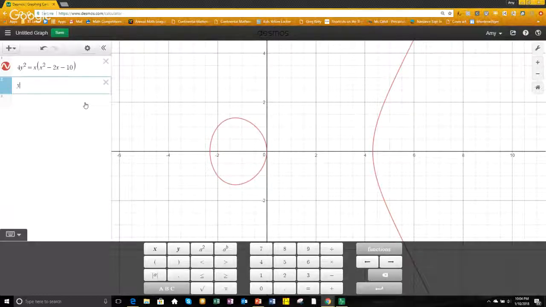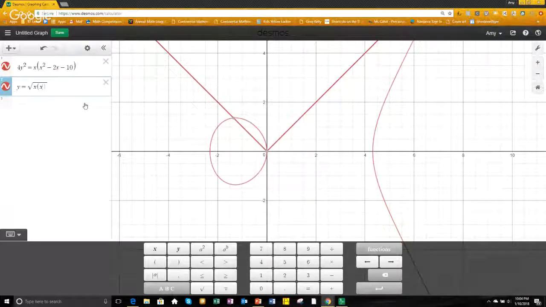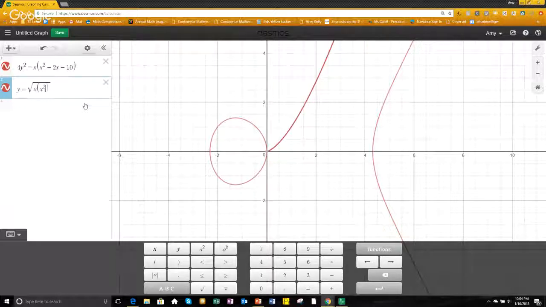So let's write down what our two functions are. That would be square root of x times, underneath, x to the second minus 2x minus 10. And then we're going to go outside the square root and divide by 2. And you see how that's the top half of the diverging parabolas?